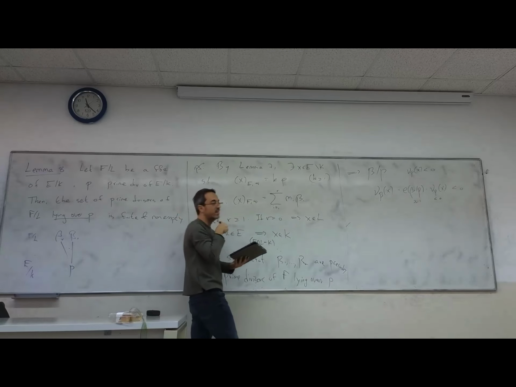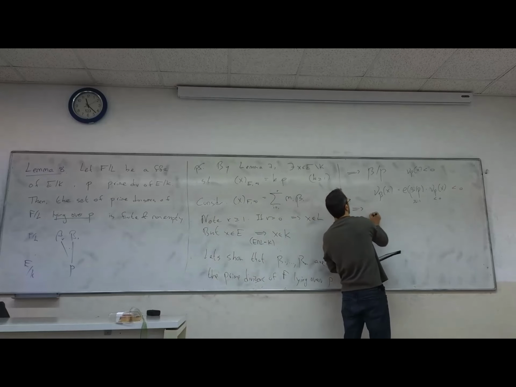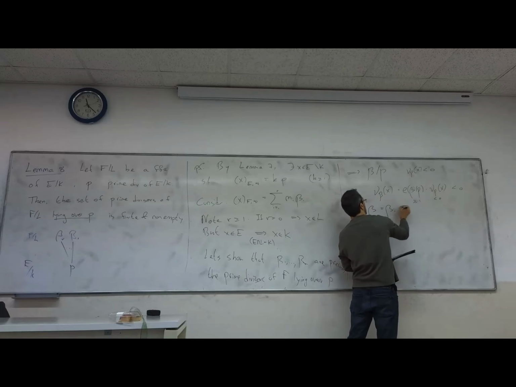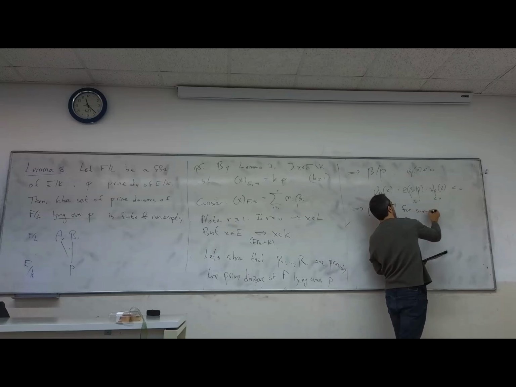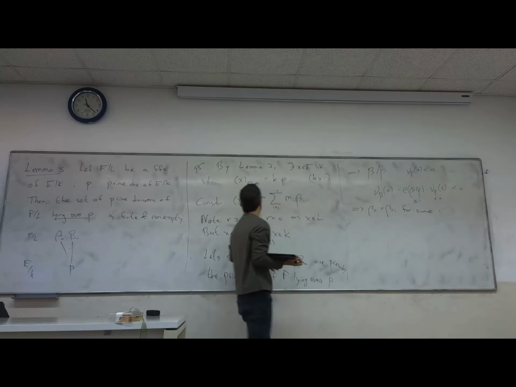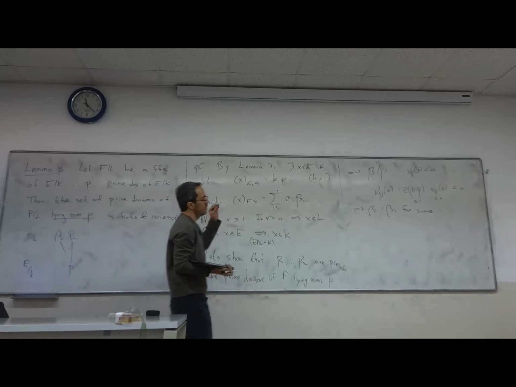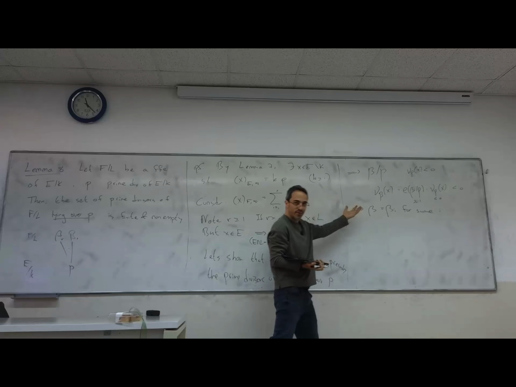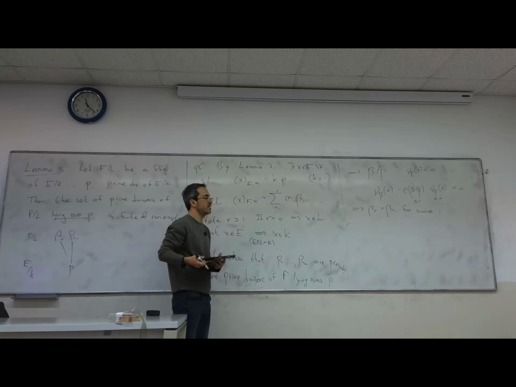Like these are the poles. Right, because P_1 up to P_r are precisely those places such that v_P of X is non-zero, is negative.